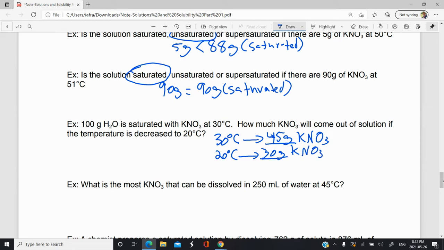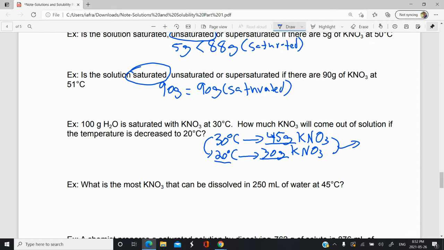So when you decrease that temperature from 30 to 20, some of the dissolved KNO3 will precipitate out, will come out of the solution, because this lower temperature water won't be able to hold that in. And that's, of course, if you shake it up a bit or you add a crystal in it, it'll spit it out.